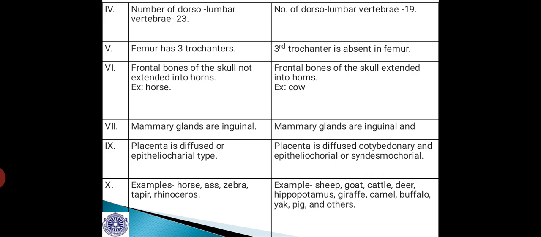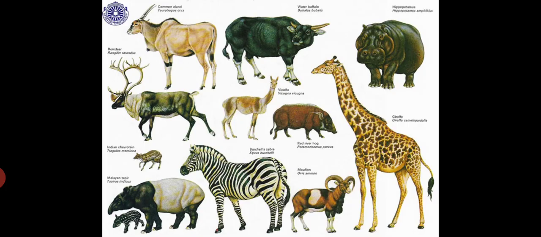And the examples for Perissodactyla are horses, ass, zebra, tapir, rhinoceros, and for Artiodactyla, sheep, goat, cattle, deer, hippopotamus, giraffe, camel, buffalo, yak, pig, and others. So this is what with reference to the order Ungulata, under which Perissodactyla and Artiodactyla come.